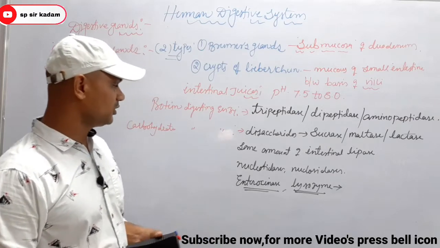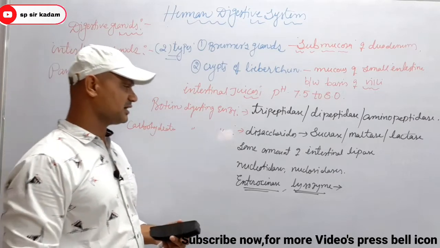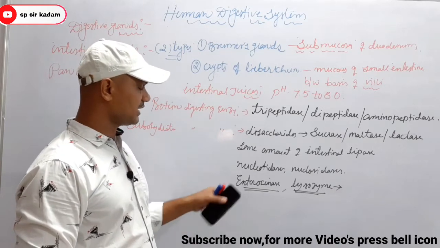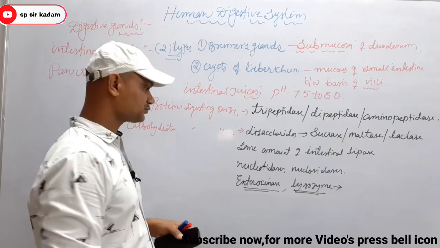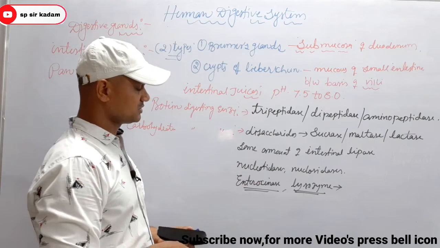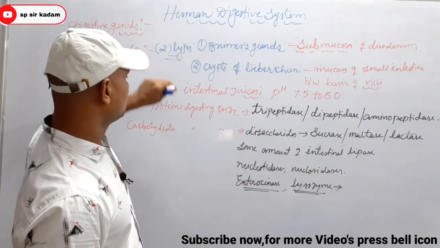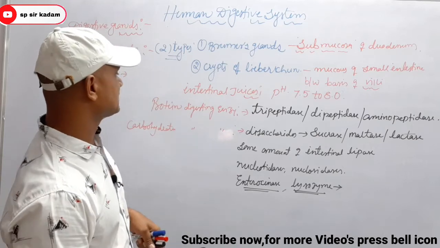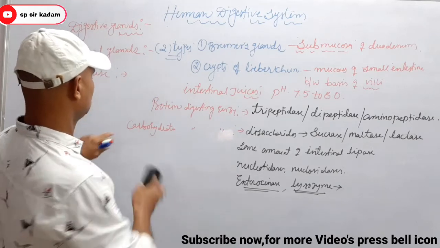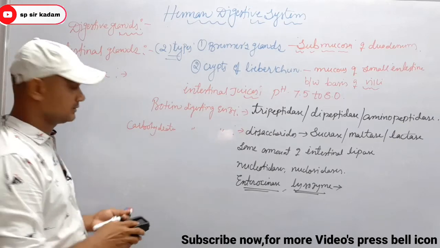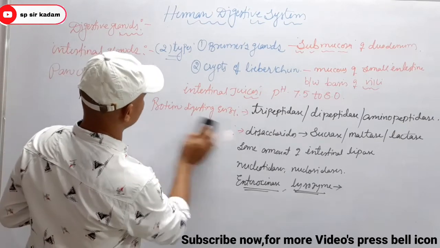Then nucleotidases and nucleosidases as well as enterokinase, the enzyme activator. Then lysozyme. Clear? So these are the different types of enzymes present in our intestinal juice. Then next, the second type of gland, pancreas.